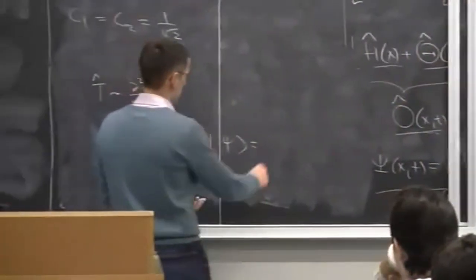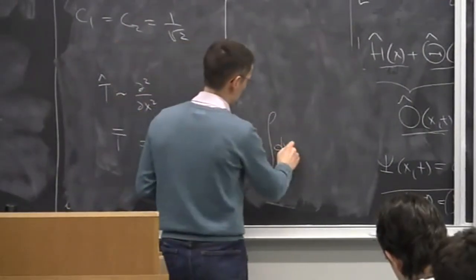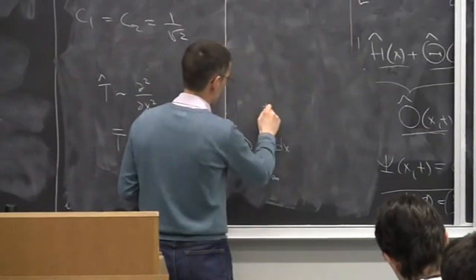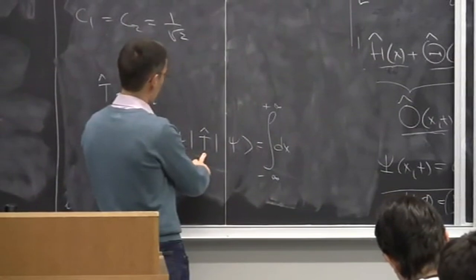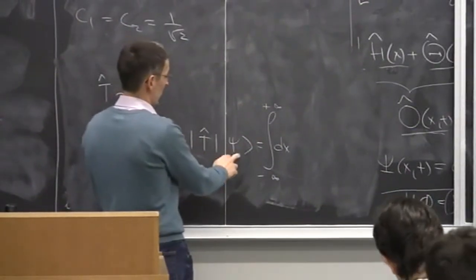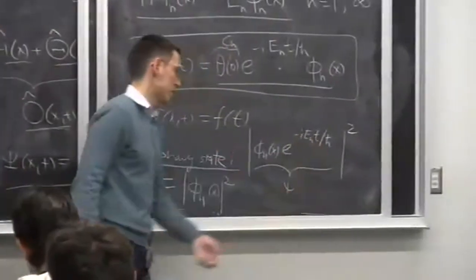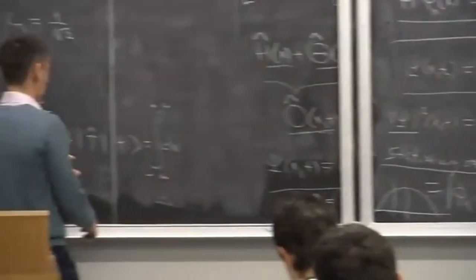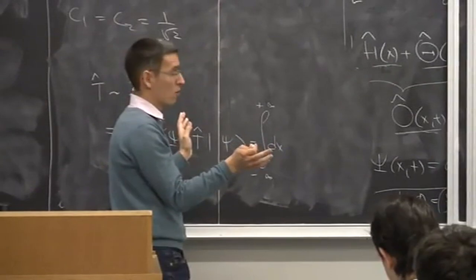You can easily see that because this inner product is about the space integration, and the kinetic energy is the derivative with respect to space, again, the phase factor, the time exponent of the bra and the ket, will cancel each other and will not contribute to kinetic energy at all.